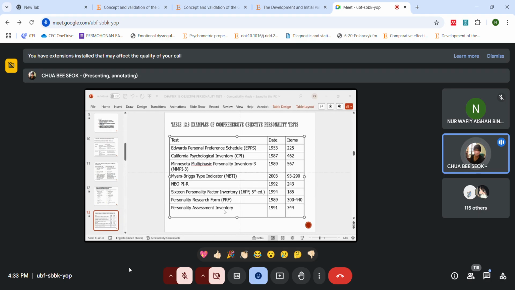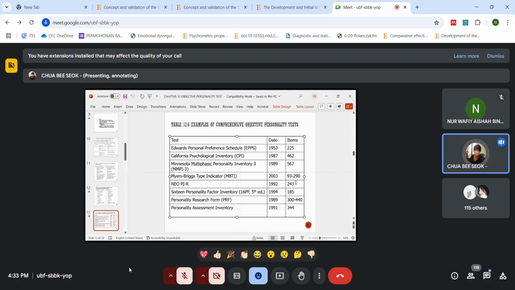Of course, they have a short version, yeah. And we have the Myers-Briggs, 93 to 290 items, yeah, because they have different forms.